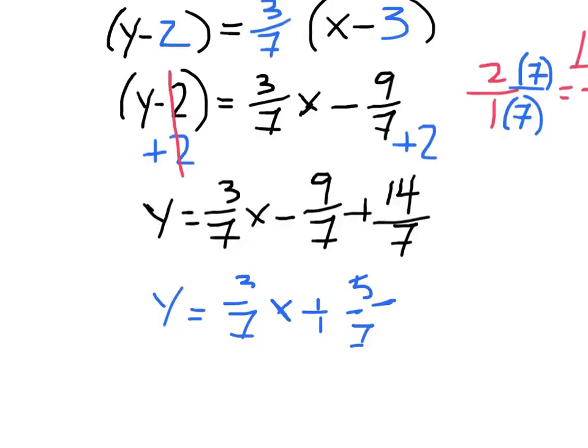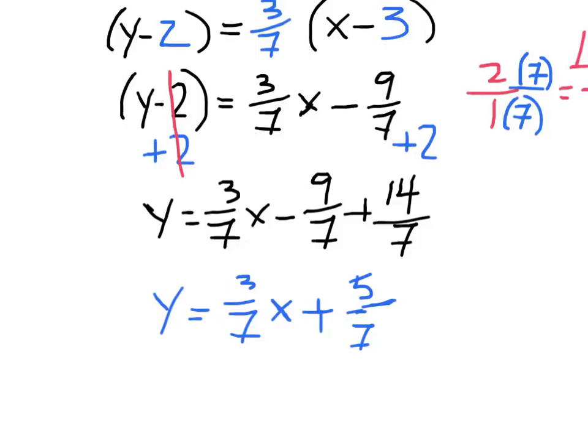Okay, and that is, let's see if I can do this again. Okay, that's it. So let's see. 3/7 x. How come there's no 5 over 7?